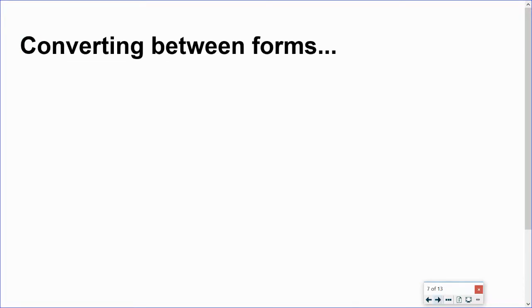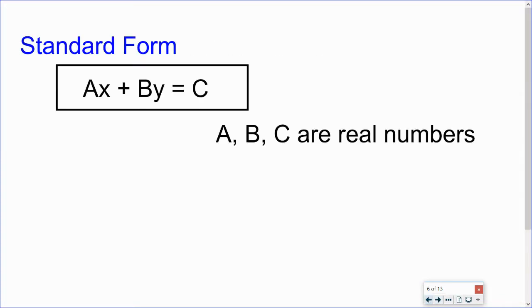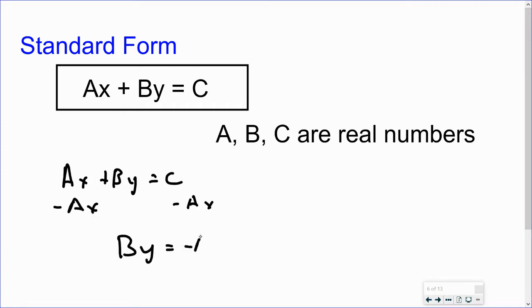So, converting forms. Now I gotta tell you, to go from standard form, almost everything when I convert, I put it back into slope intercept form. So if I had this one, ax plus by equals c, first thing I do is I subtract ax from both sides. So I get by is equal to -ax plus c.